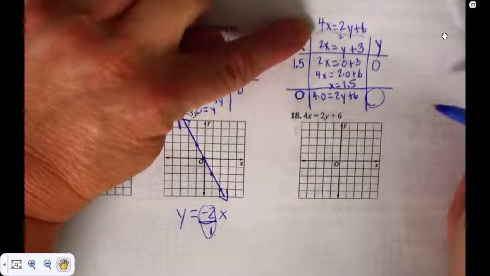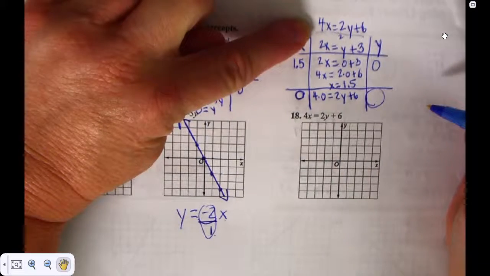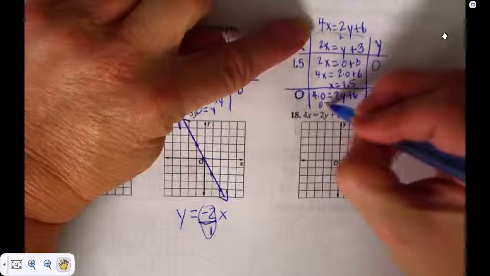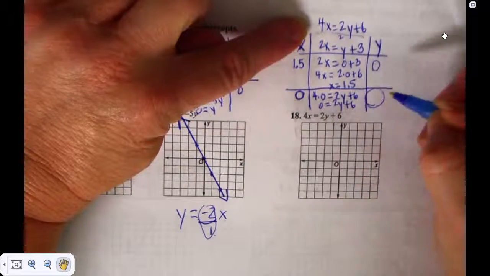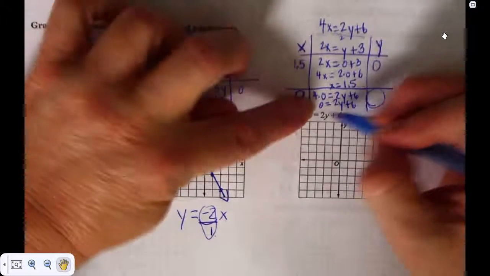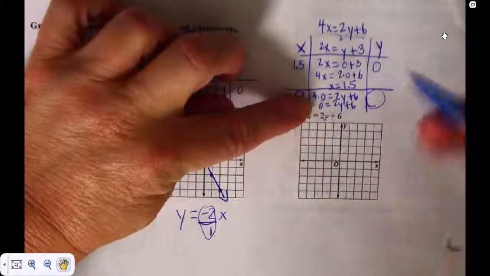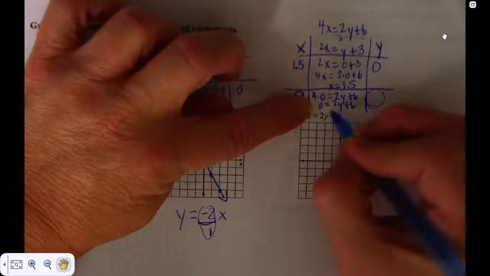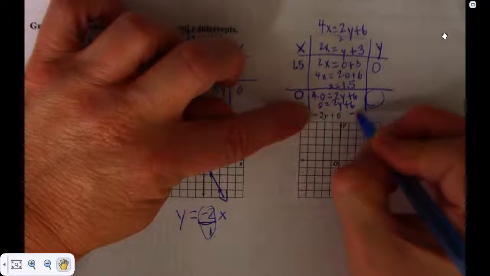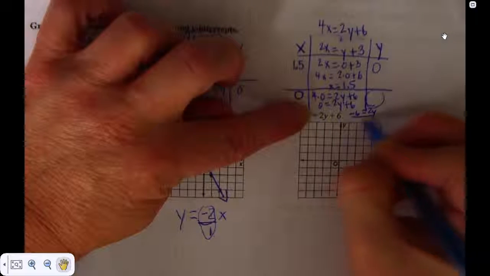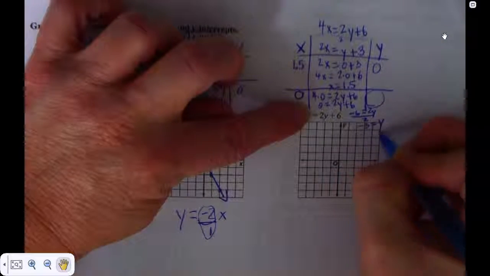Now I'm solving for y. So 0 equals 2y plus 6. You're going to subtract 6. So you're going to get negative 6 equals 2y. Divide by 2, negative 3 equals y.